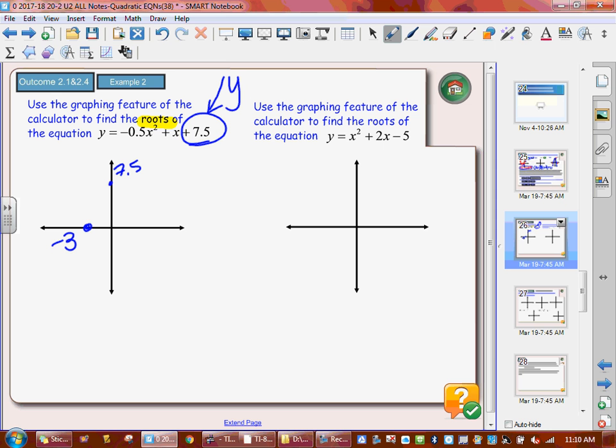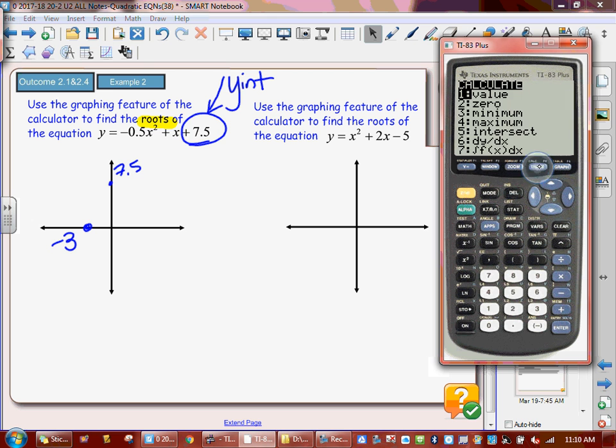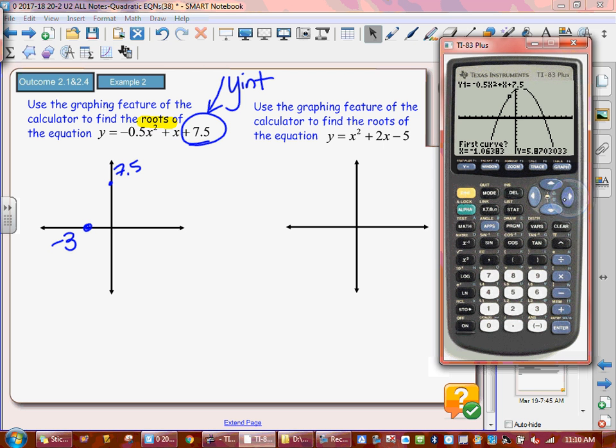So back to our graph. We are now going to find the guy on the right-hand side. So we're going to hit second trace again, number 5, and we're going to move the cursor now to the right. So use your right arrow to move your cursor. And he's going to go all the way over to the right, and you're going to hit enter 3 times.